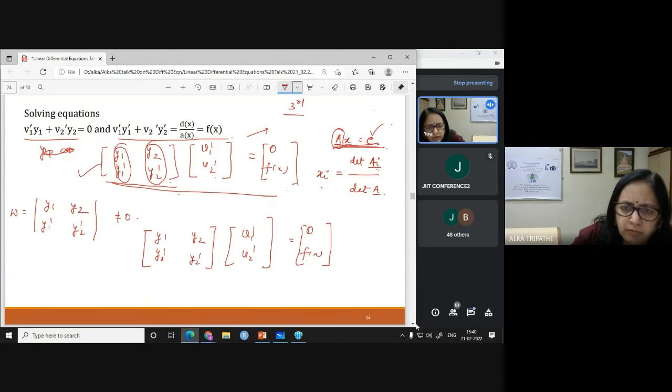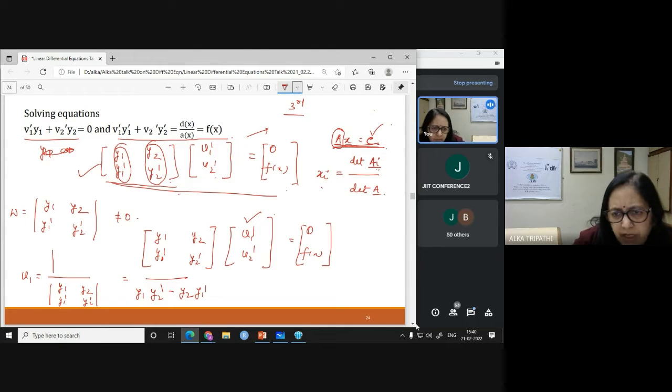From this I find that v1 dash, that is x1, will be equal to the determinant of A, meaning the determinant of y1, y1 dash, y2, y2 dash, which is equal to y1 into y2 dash minus y2 into y1 dash, and the numerator will be the determinant where the first column is replaced by 0, fx, and the second column is as it is.